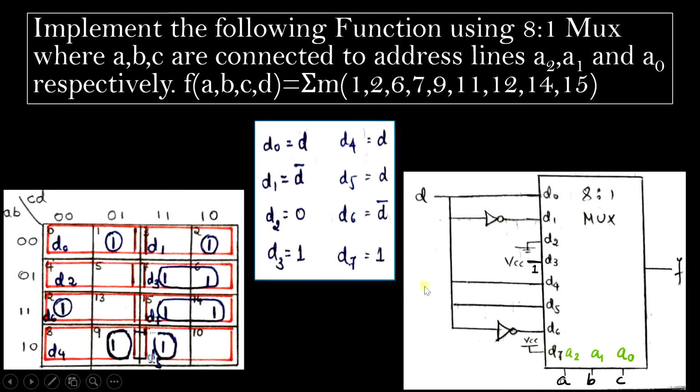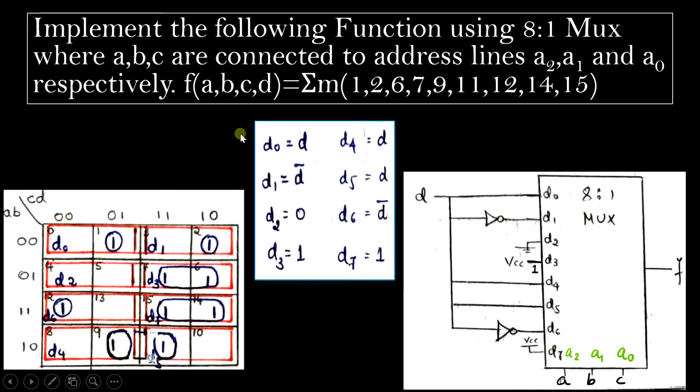Here ABC is considered to be A2, A1 and A0, the select lines. So you have A, B, C as the select lines and D is the variable that is left out. So all these expressions have to be represented in terms of D.